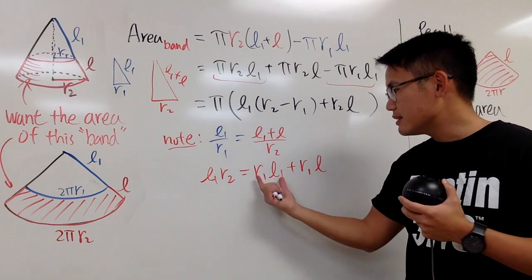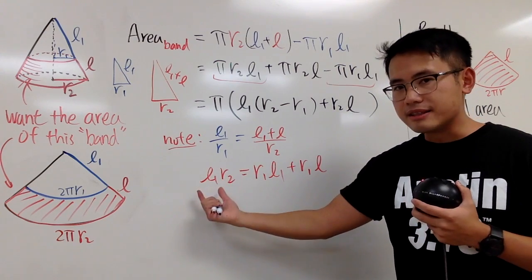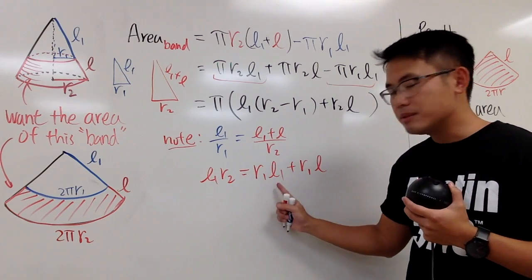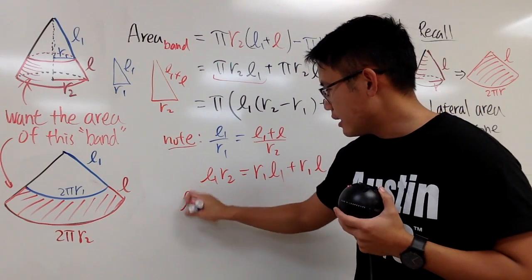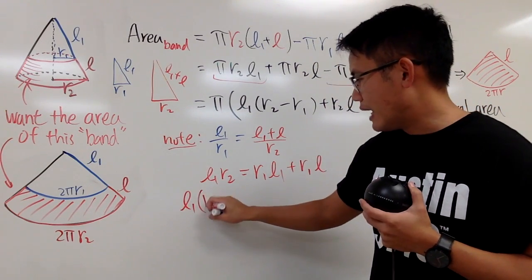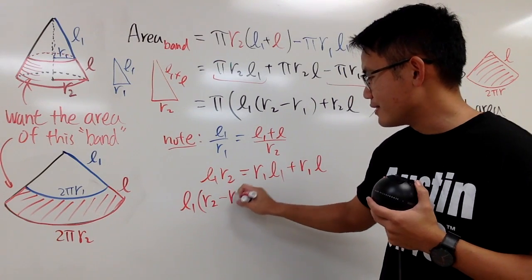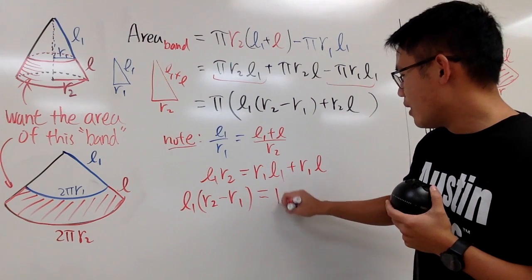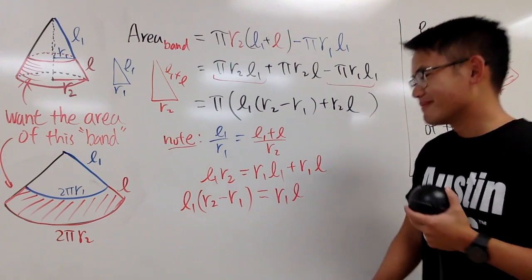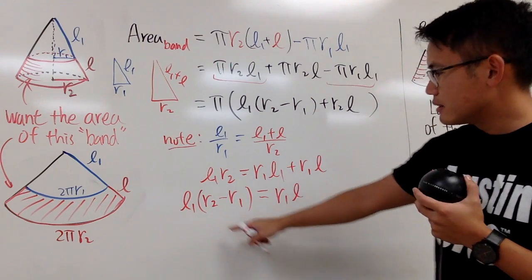And what we'll do next is, I will move this to the other side, and both terms have L1, so I can factor that out. So let me do that, L1, and we will have R2, and then minus R1. And this is going to be nothing but just R1 times L. So, like that. Check this out.